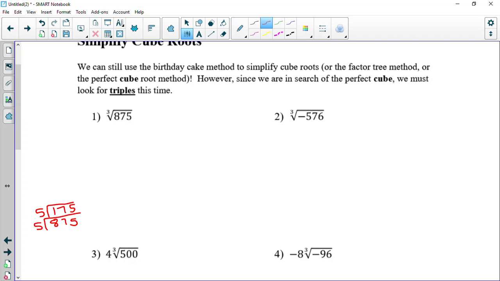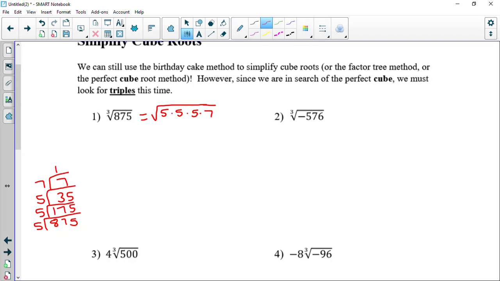And that gives me 35. 35 I know is also divisible by 5, and I can do it 7 times. 7 is divisible by 7, and that gives me 1. Remember, when we hit 1, that's our birthday candle. All these numbers on the side have to be our prime numbers. So I can simplify this, or I can expand it out. So I've got 5 times 5 times 5 times 7.